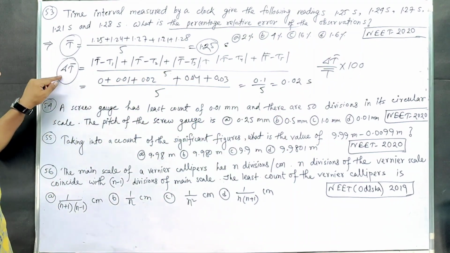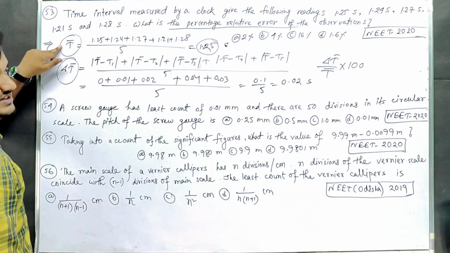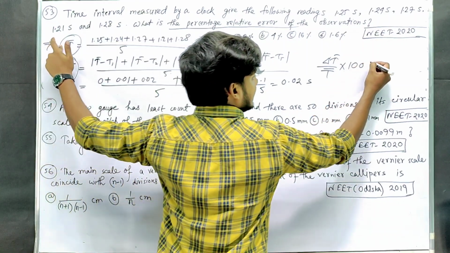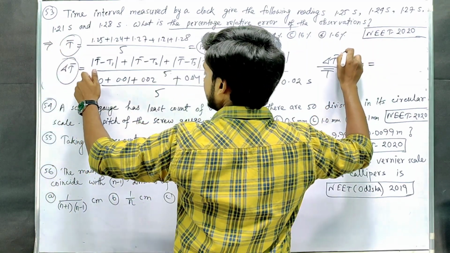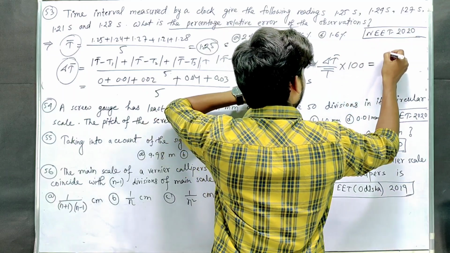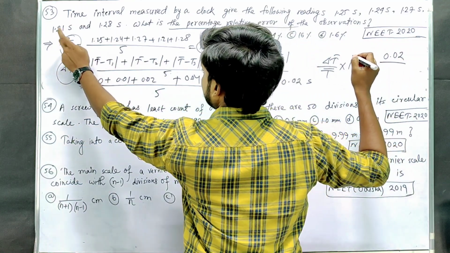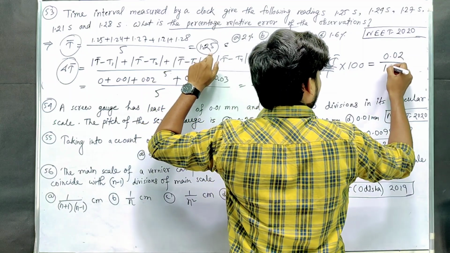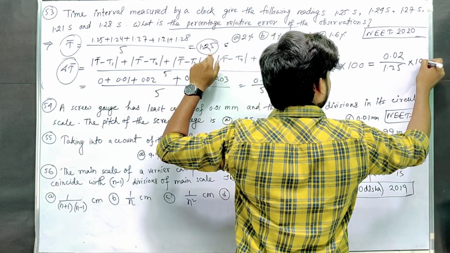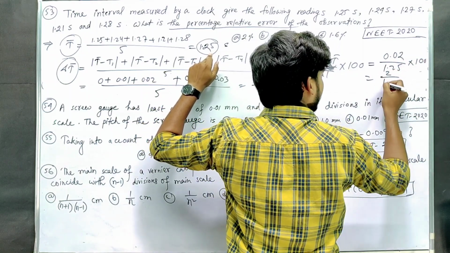Okay, mean absolute error, this is just the mean. So delta T dash means 0.02 by T dash, the mean, 1.25, into 100, that is 2 by 1.25.